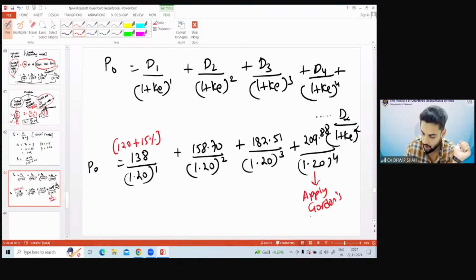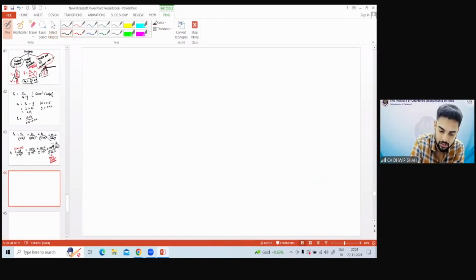I can apply Gordon's formula because all the assumptions of Gordon are falling in place after the end of year 4. Any query here? I can apply it because Gordon says that dividend growth should be constant. So now my Gordon's formula will not be for P0, it will be for P4.